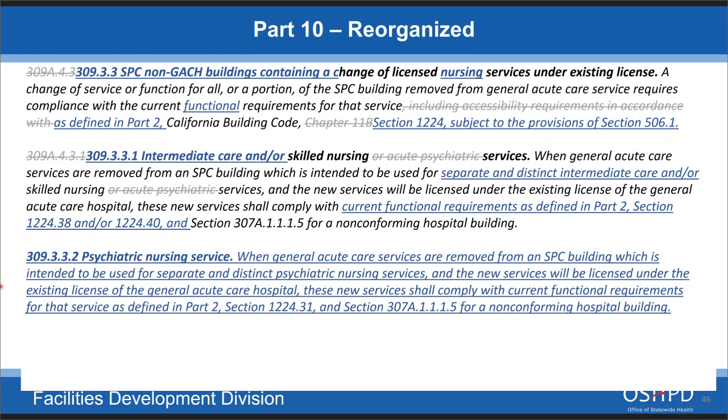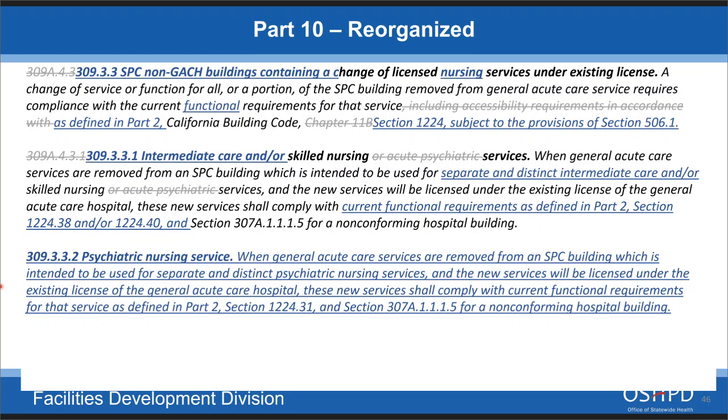If it's intended to be used as a distinct part facility, you must comply with the current functional requirements as defined in Part 2, 122438, which is your intermediate care, or 122440, which is your skilled nursing facility in a hospital, and 307A, and that's your utilities. But you do still need to meet the accessibility requirements for that space. So in this case, you would need 50% accessibility.